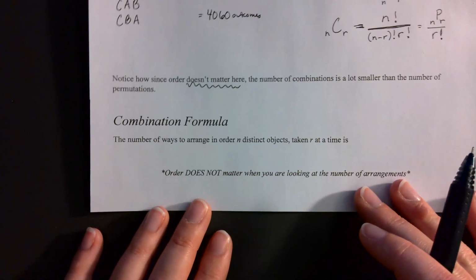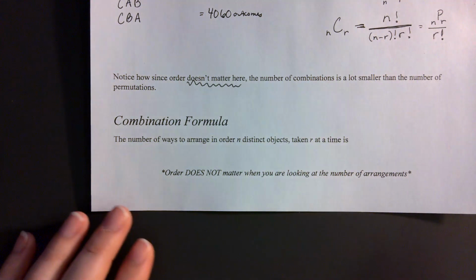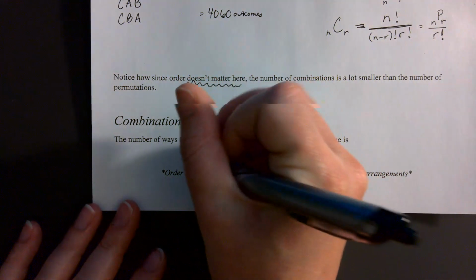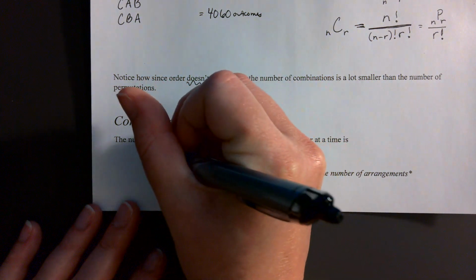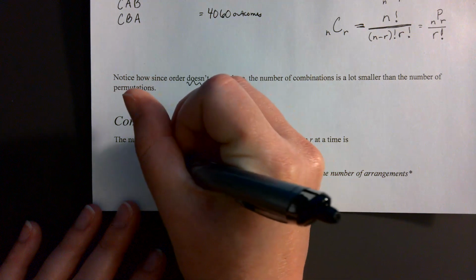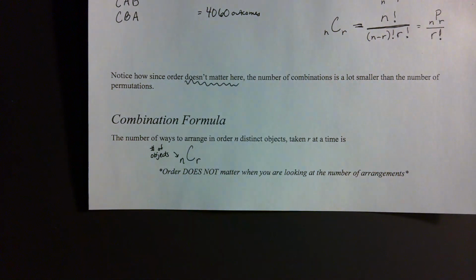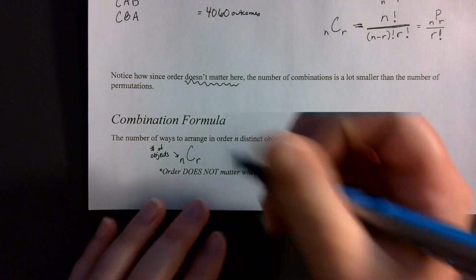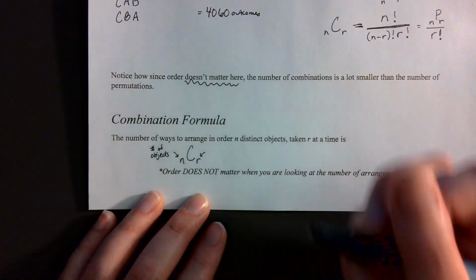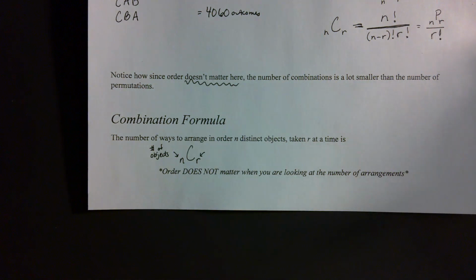All right, so looking at your formula, same thing that we have here. We have our combination of n choose r. N is going to be the number of objects, so the total number of people, or the total number of things that we're talking about, total number of shows, and we want to choose a specific value.